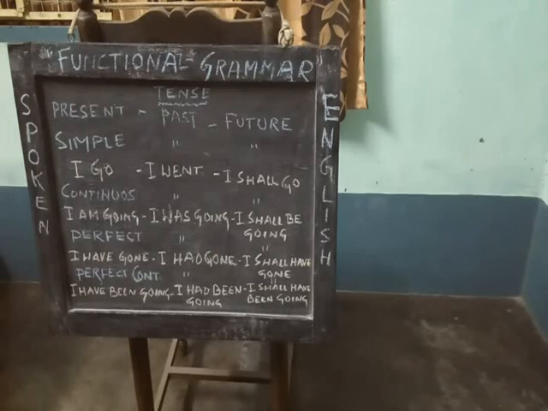This is perfect, and the last of this session is perfect continuous tense, future perfect continuous. Okay, I can describe the future perfect continuous tense in this way: any action that will be in progress even after a point of time in future can be denoted as future perfect continuous tense.